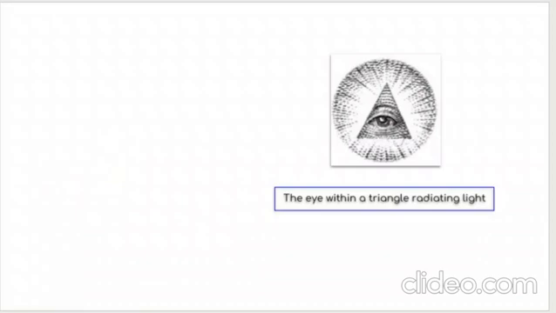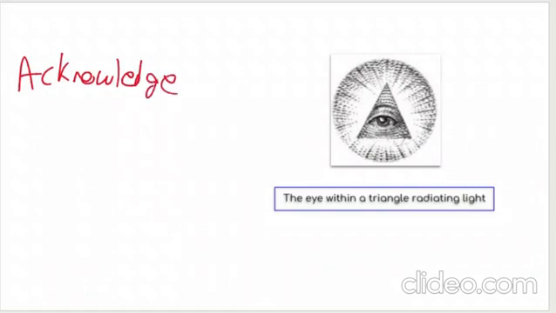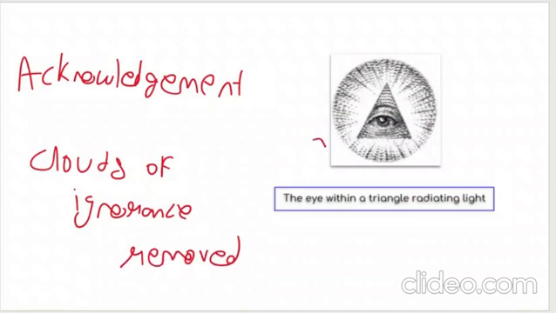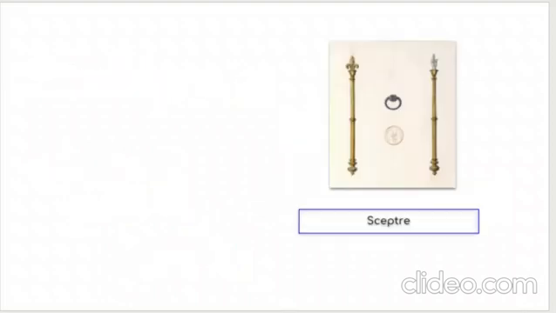So it was a kind of acknowledgement, that this eye is looking at everyone every day, and the clouds of ignorance will be removed by these rays. So that was the symbol.